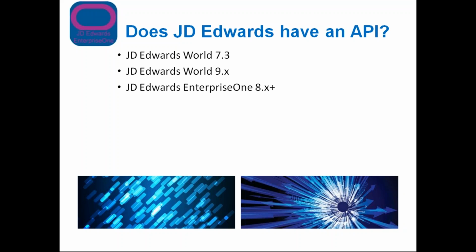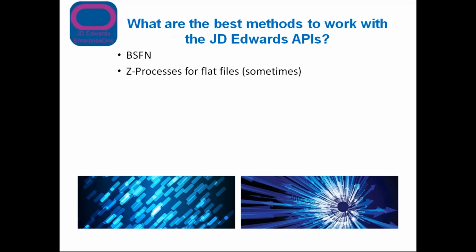With Enterprise 1, of course, you have the business functions, which are really superb and still represent the preferred method of integration, and occasionally the use of Z processes for flat files, and the calling of those programs that run the Z processes can be an option at times.